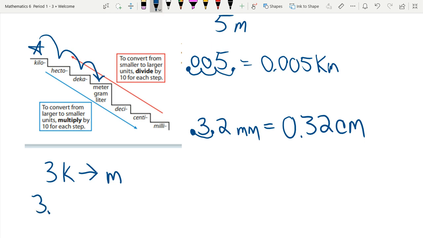This is the whole number. I'm going to the right this time. It says, the blue box, to convert from larger to smaller units, we're going from a larger unit to a smaller unit, we're going to multiply by 10 for each step. So I'm moving to the right. So watch this. 1, 2, 3. My decimal's ending up here, and I'm going to put in placeholders. So my answer is 3,000 meters.